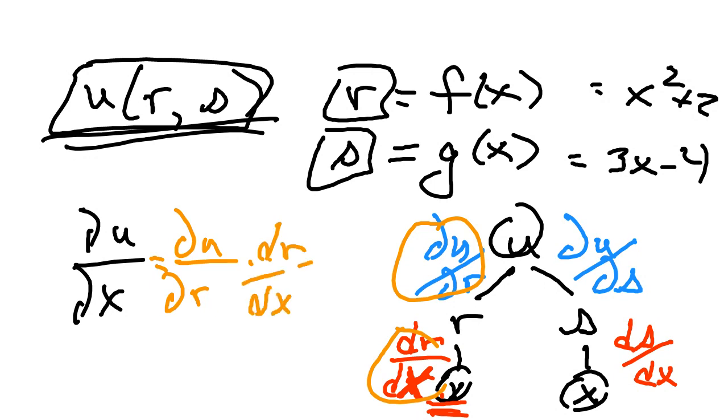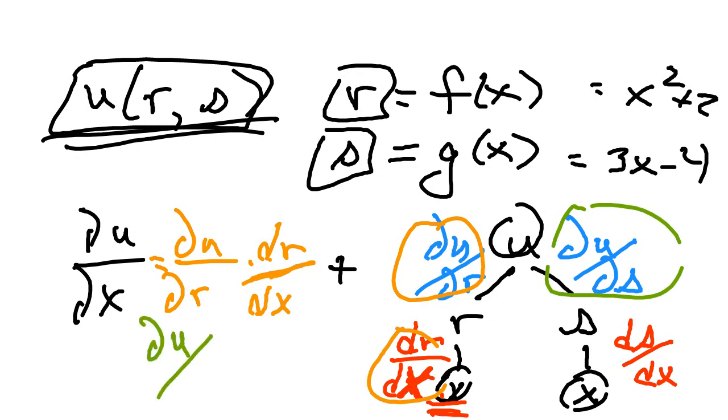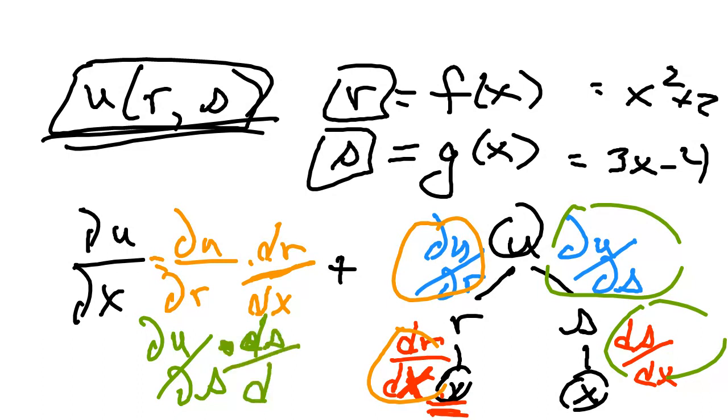Once again, this is not a partial here because there's only one variable it's defined in terms of. And then plus the second part, I still have green: partial of u with respect to s times, not partial, this is a direct derivative, ds dx.